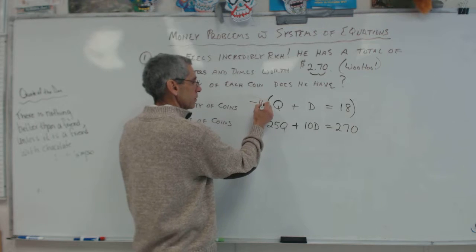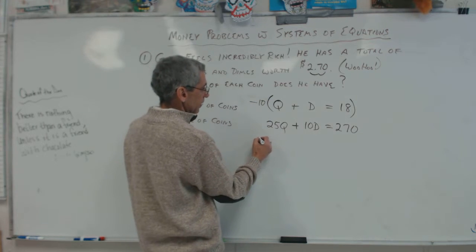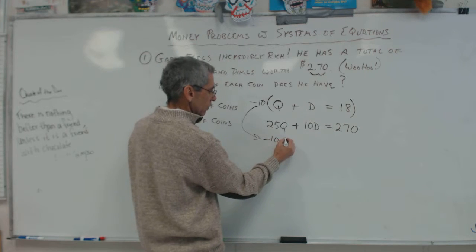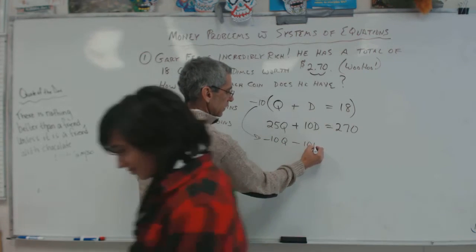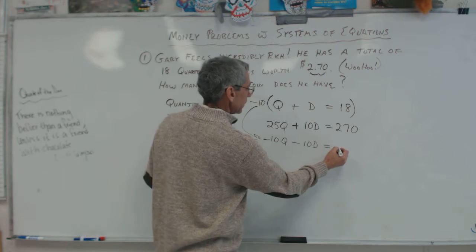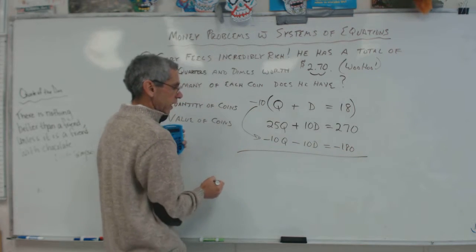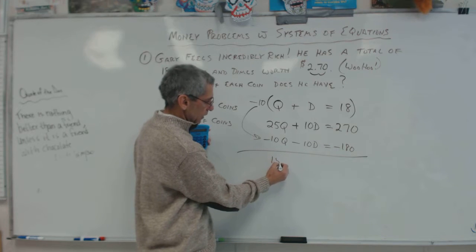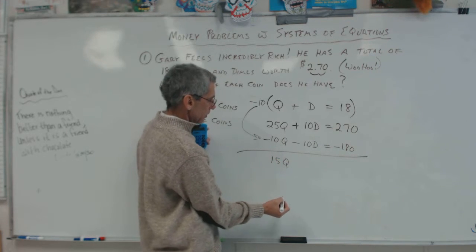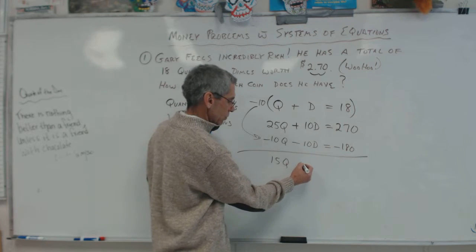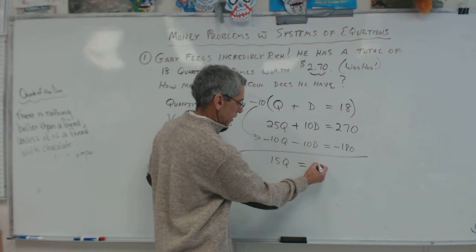So negative 10Q minus 10D equals negative 180. Right? And if I add those together, I get 15Q equals 90.